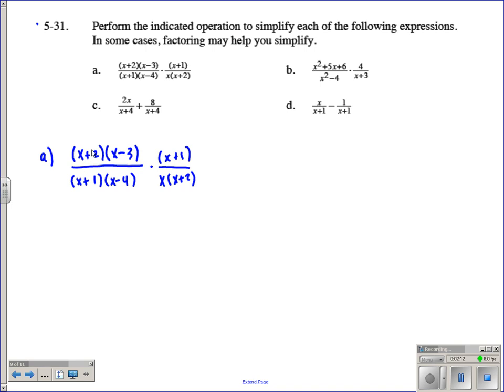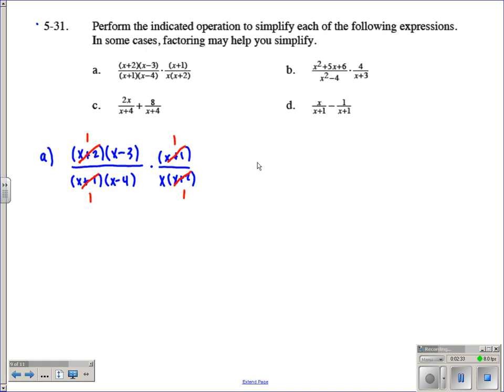So I have a factor of x plus 2 and a factor of x plus 2. When I divide x plus 2 by x plus 2, I get 1. When I divide x plus 1 by an x plus 1, I'm going to end up getting 1. And it doesn't look like I have any other factors that pair up between the numerator and the denominator.